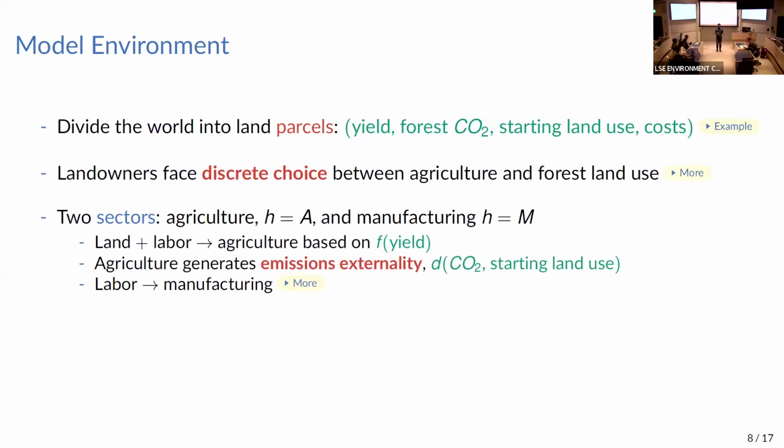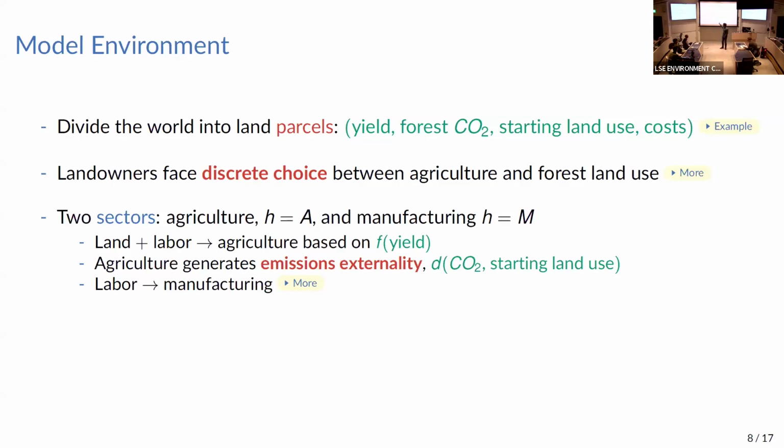One is this agricultural output, which requires land as well as a labor input. And the actual amount of agriculture I produce on a given plot of land depends on its type, its yield. Agriculture in the process also generates an emissions externality. So if that land started off with some amount of forest and it has some carbon intensity, that's going to determine the externality of using that plot of land for agriculture.